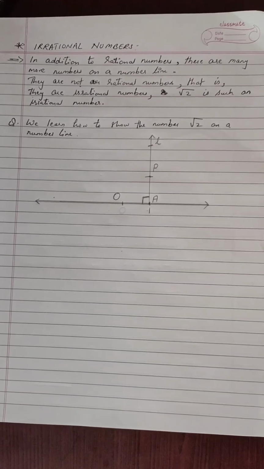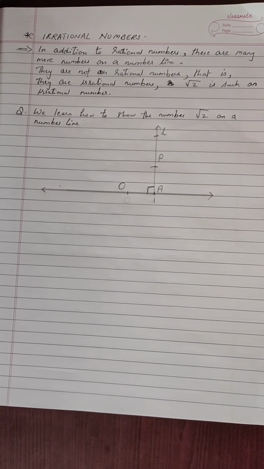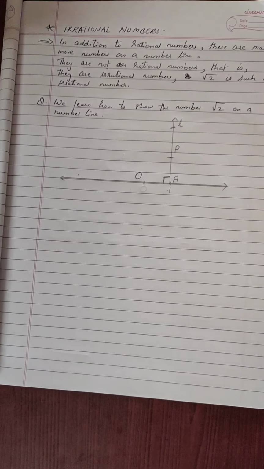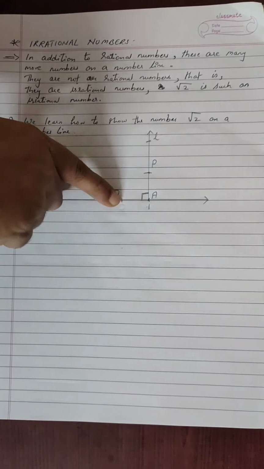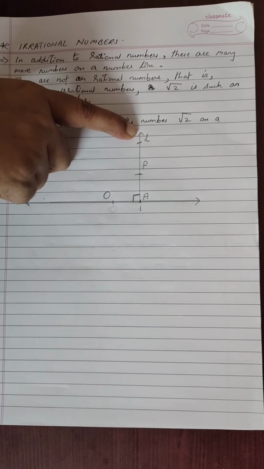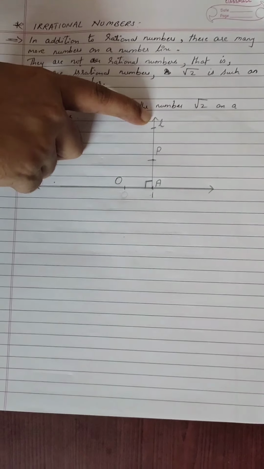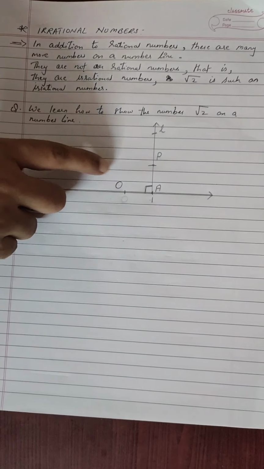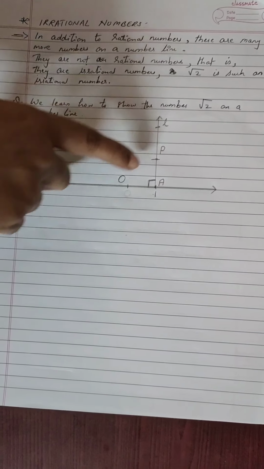Now, we have to draw a segment OP. So we have to join OP. That is a segment, because if there is an arrow at the end, then it will be a line, and if there is no arrow, it will be called a segment.